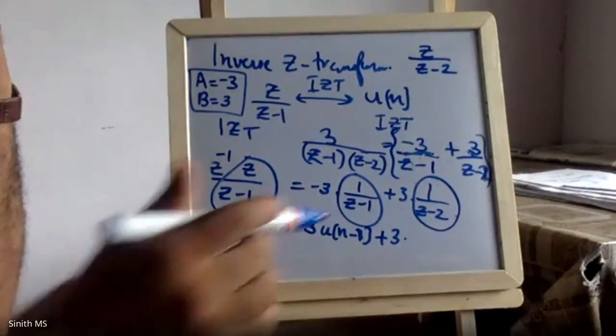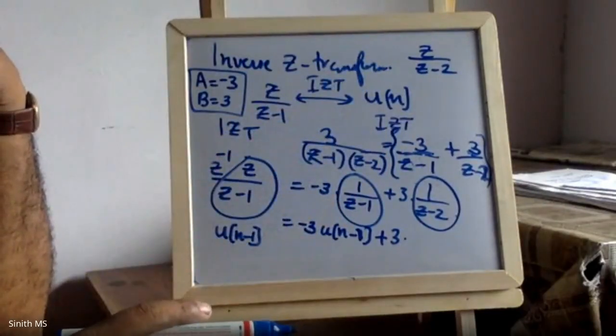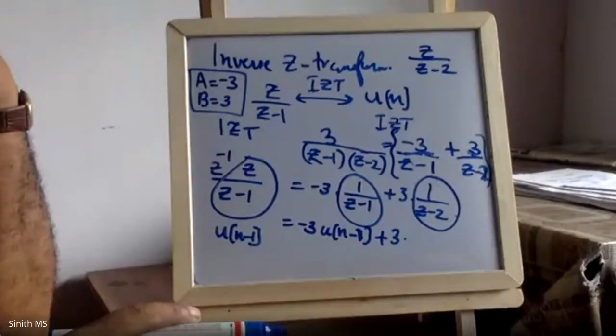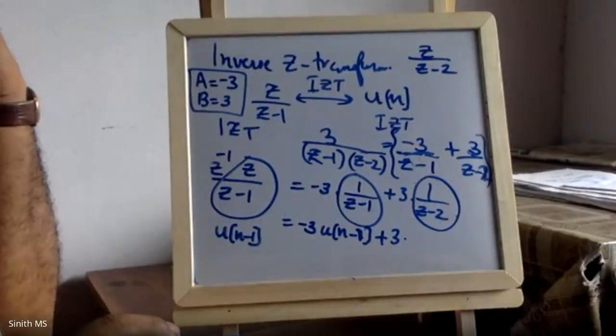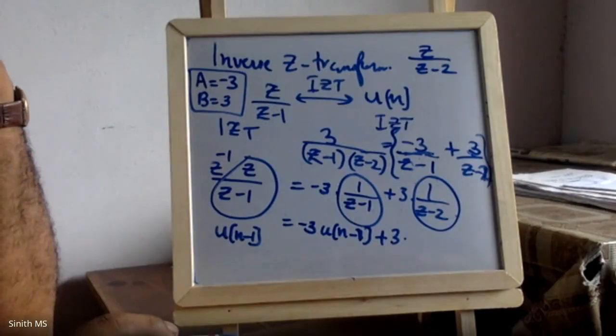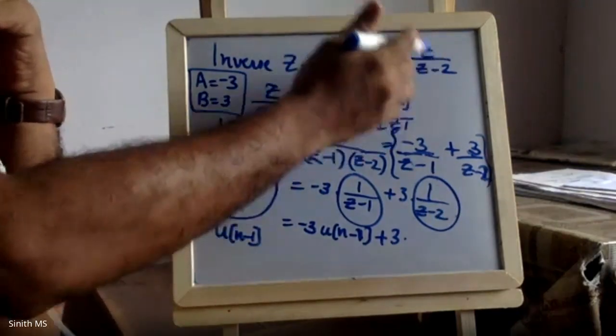Okay. So z by z minus 2. Can anyone tell? Can you unmute and tell? A raised to n into u of n. Who is that telling? Akin, very good. This is of the form a raised to n u of n, because a raised to n u of n has a z transform z by z minus a, and this is of that form.